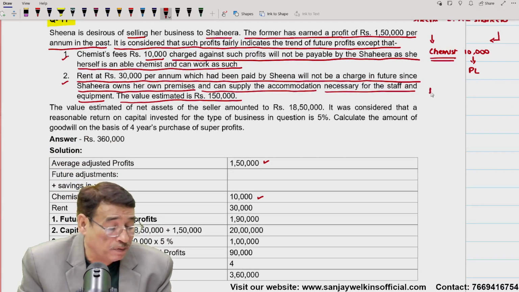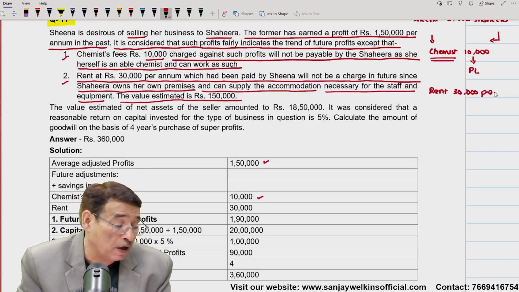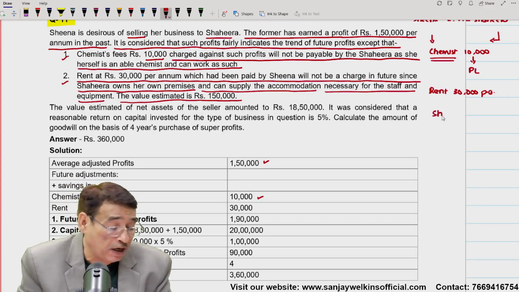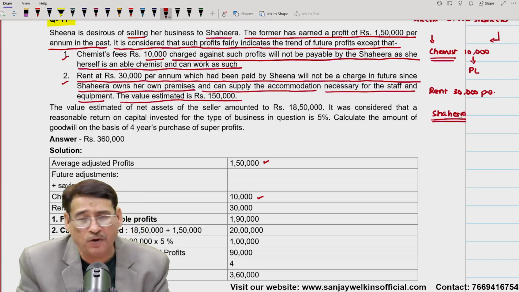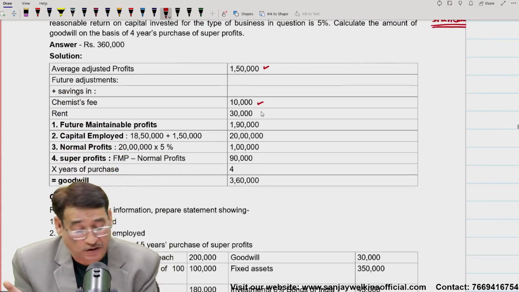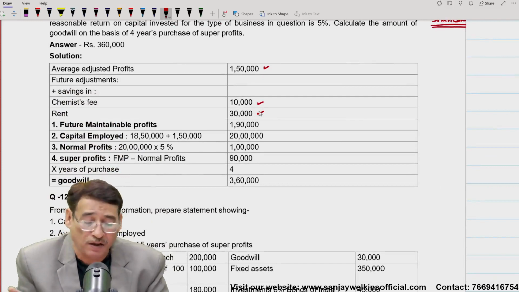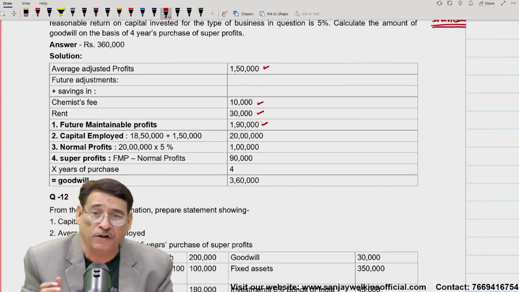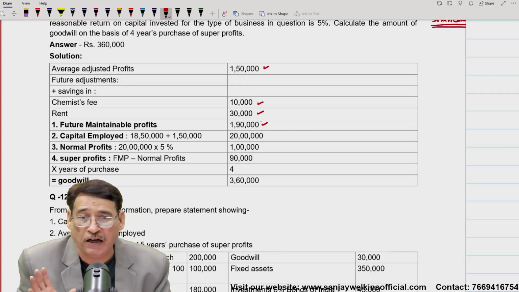Presently, the owner, Sheena, is paying a rent of 30,000 per annum. But as is given in the question, the purchasing party Shahira will not be required to pay rent. Because she need not pay rent, obviously this is going to be a sort of future saving. So by adding 40,000 to 1,50,000, we come to the conclusion that future maintainable profit is 1,90,000, sorry, 150 plus 40.